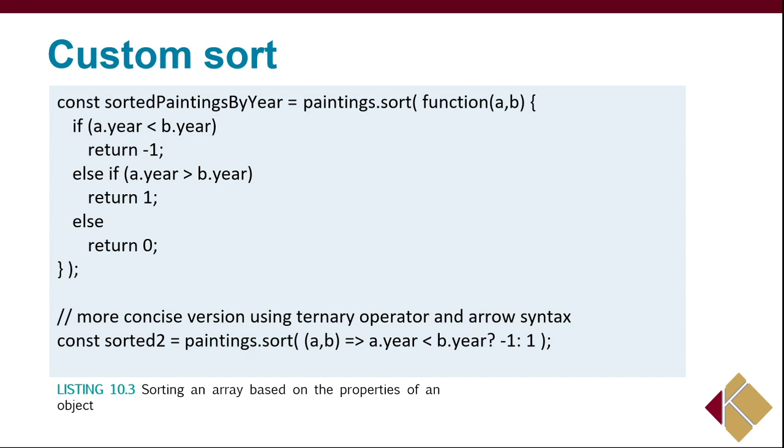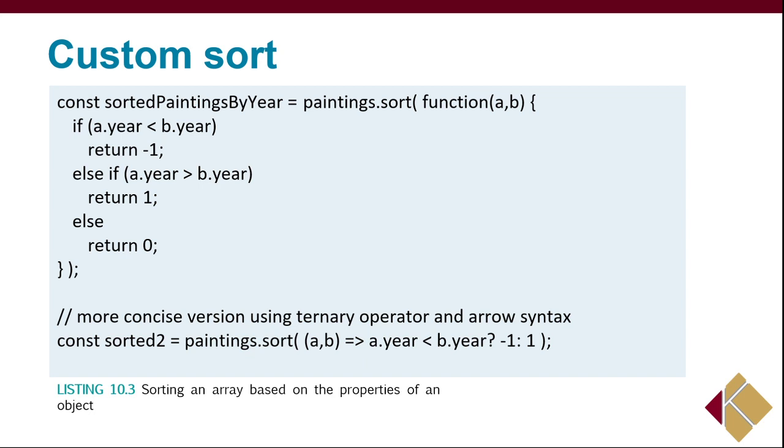And then the last example is a more concise version that uses our ternary operator, which is that question mark, and then if yes, -1, if no, 1, and then arrow syntax. So you can see how it can get very confusing very quickly if you don't understand arrow syntax and then the ternary operator. It just looks like a bunch of letters here.